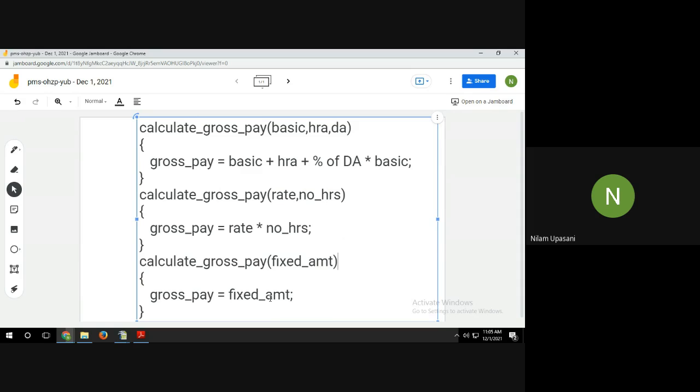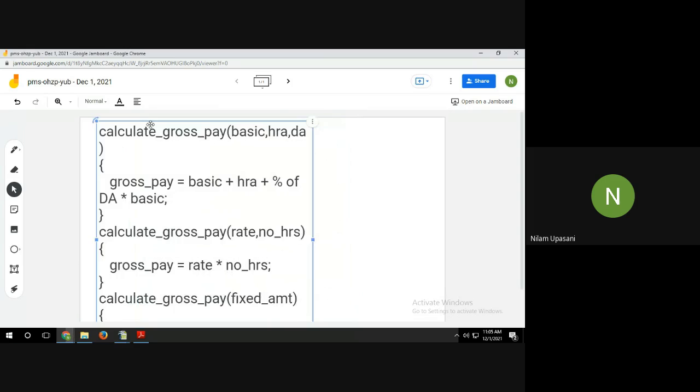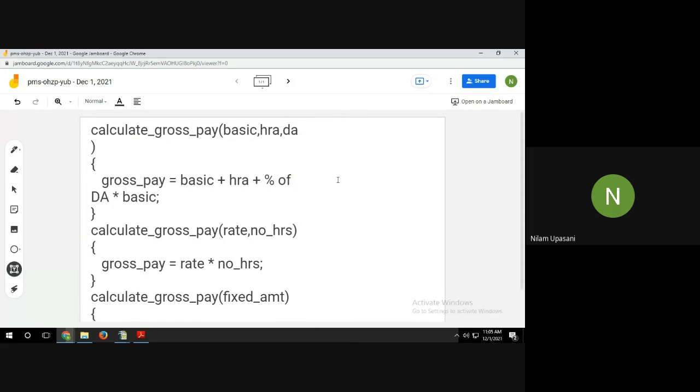What is the signature of a function? It's an important point.